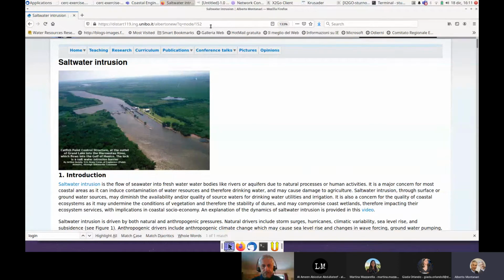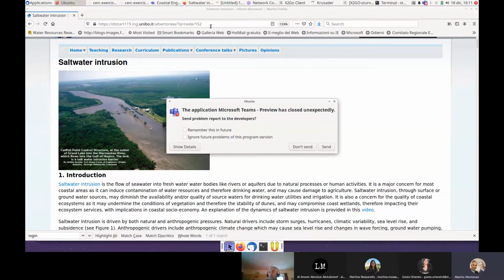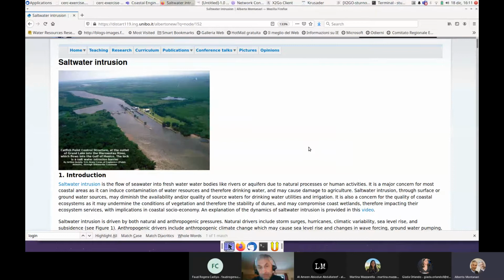And this is particularly concerning because it's contaminating the underground of the land, and it's impacting the vegetation, first of all, and then it's also impacting human activities, because in those regions where people rely on groundwater for freshwater provision, and many coastal regions actually rely on groundwater, saltwater intrusion is a concern.